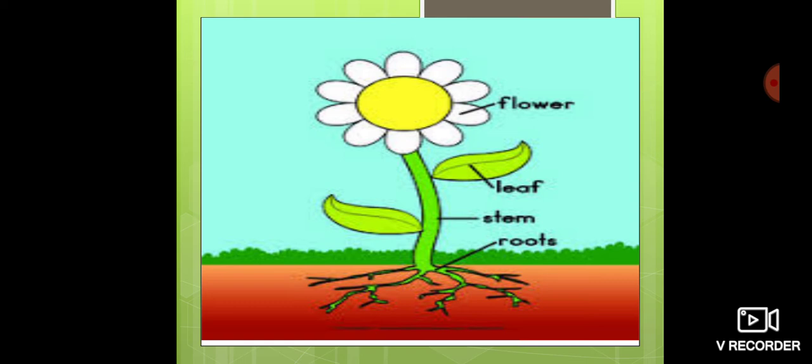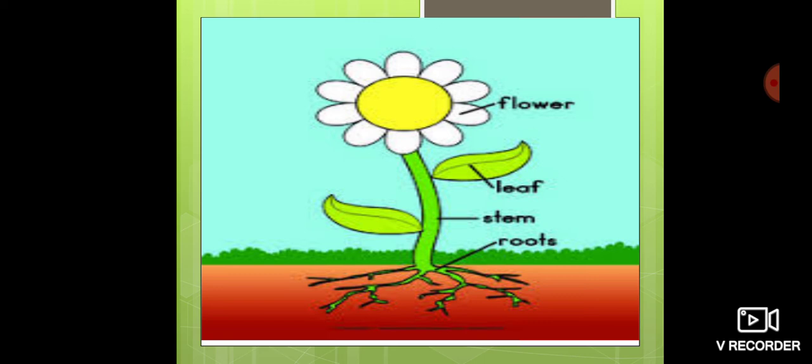Here's another example. Here are the roots shown down in the soil, and the stem, and the leaf. One of them is called a leaf, but both of them are called what? Yeah, leaves. Excellent. Again, roots, stem, leaves, flower.